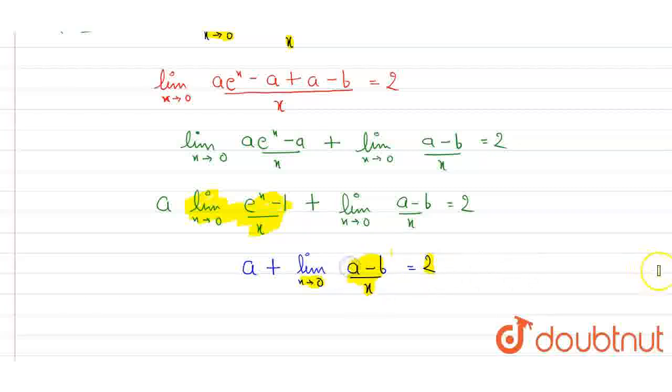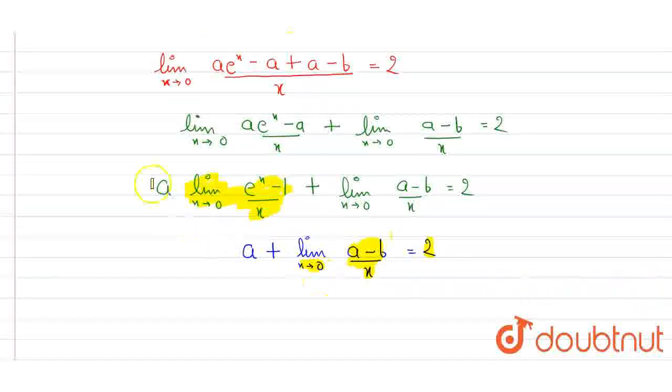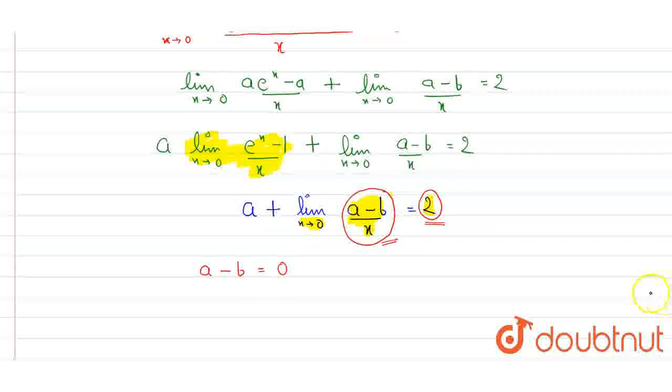So basically what I want to say is, this value is infinite and a finite value is given to us here. So this value a minus b will be equal to 0, because here it is a finite value given and here it is infinite, which is not satisfying the equation.